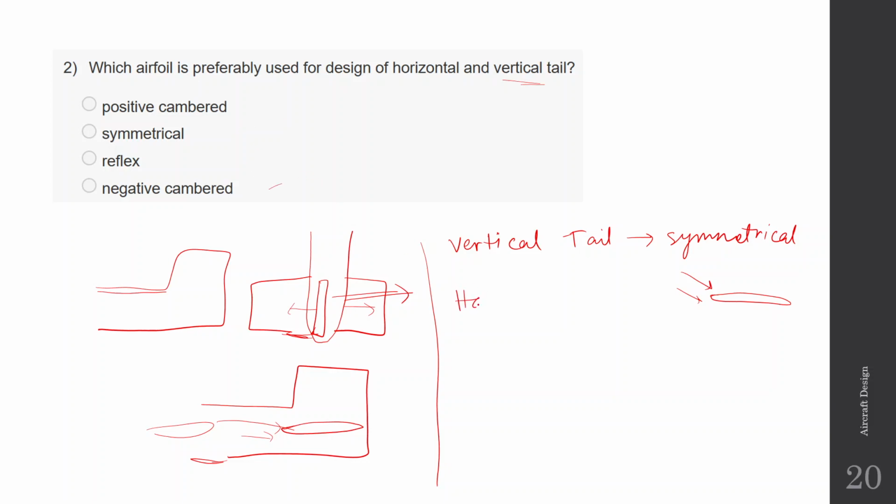Usually for a horizontal tail, we choose symmetric only, because it is not required to have a positive or negative or a reflex airfoil, since its purpose is not to produce lift. It will unnecessarily complicate things. So here the answer is symmetrical.